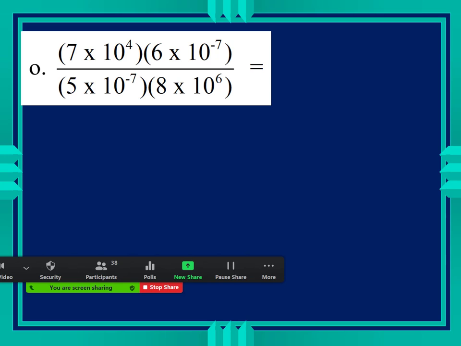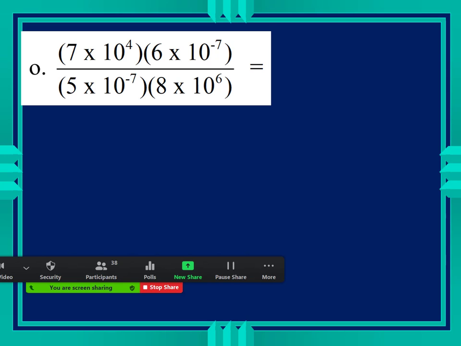Let's do a nasty one. 7 times 10 to the 4th times 6 times 10 to the negative 7th divided by 5 times 10 to the negative 7th divided by 8 times 10 to the 6th. So that's what I have to push on my calculator. 7 times 10 to the 4th times 6 times 10 to the, different calculator, I have to push the negative first on this one, negative 7.